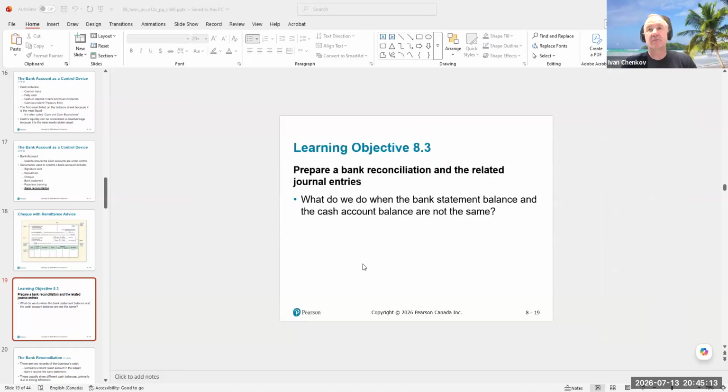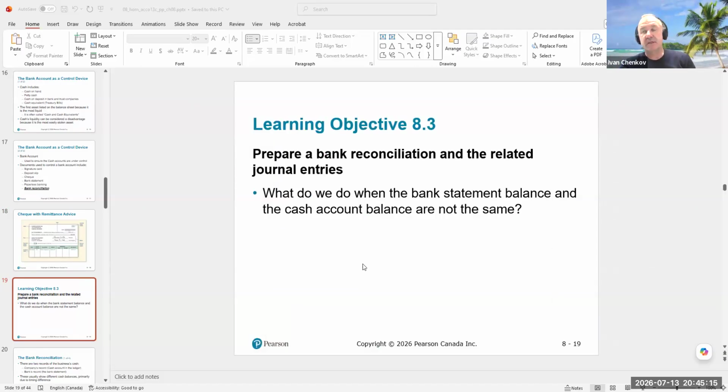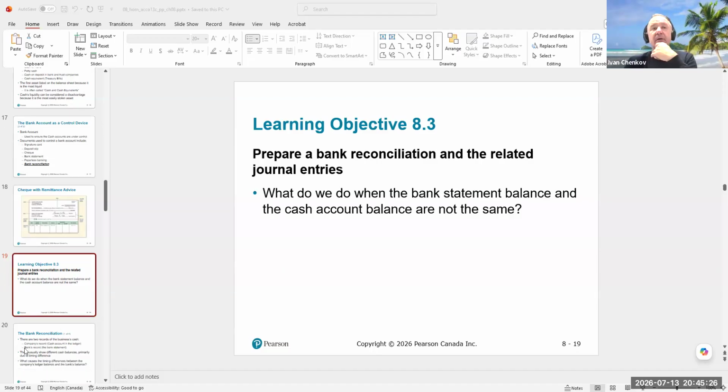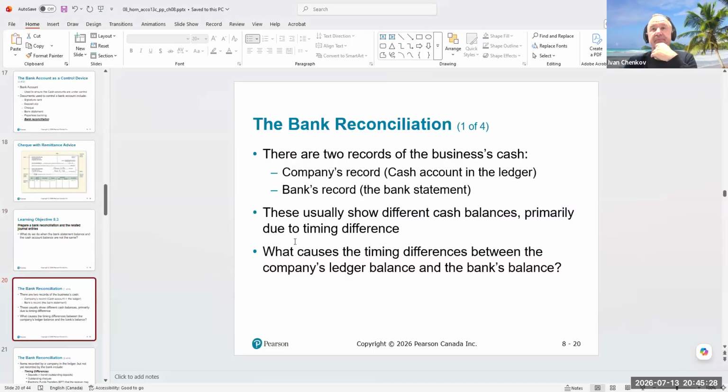For the bank reconciliation, I'm going to go over the slides today. And next time we're going to practice questions from the bank reconciliation so you can see the bank reconciliation in place. Bank reconciliation is important because there's always a difference between the company record and the bank record.